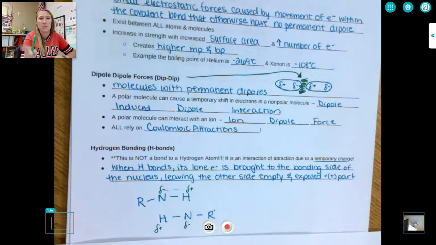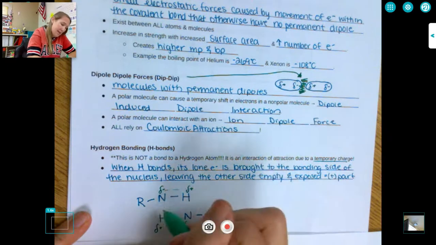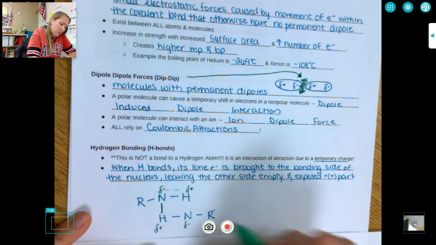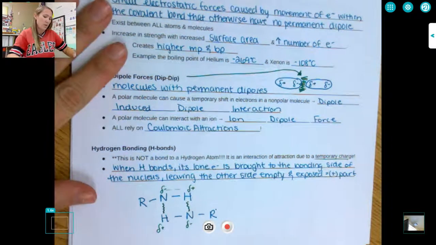And it only happens with hydrogen, so that's why it's called hydrogen bonding. And we have this interaction, and you can be asked to draw the interaction, and that happens from the hydrogen of one to the nitrogen of the other because positive, negative attracts, and the same thing here. You can also see this in DNA molecules. Fun fact.